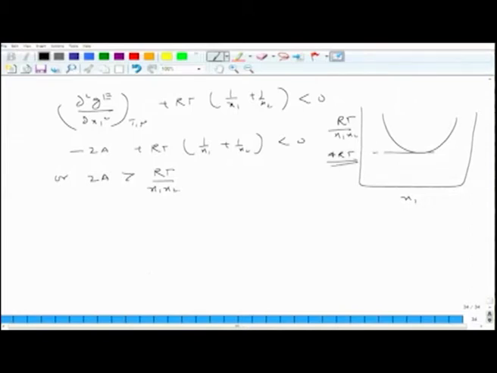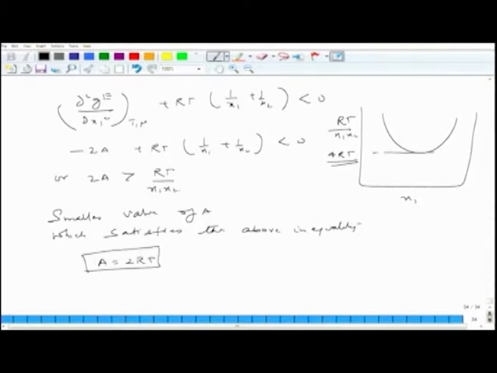So what is the smallest value of A which satisfies the inequality? It is going to be 2RT, and the corresponding composition is the critical composition.